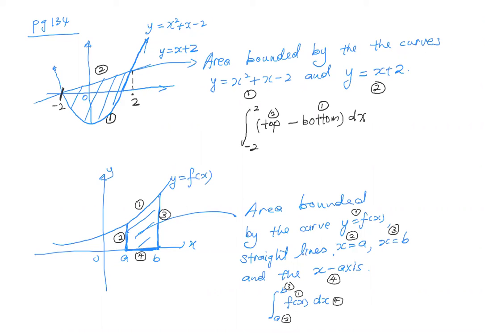If you take the bottom minus the top, you will get a negative value. If you don't want, this one I also can solve by another way. That will make your life much more difficult. Let me show you how I solve by another way without knowing top and bottom. Okay, let me show it to you.